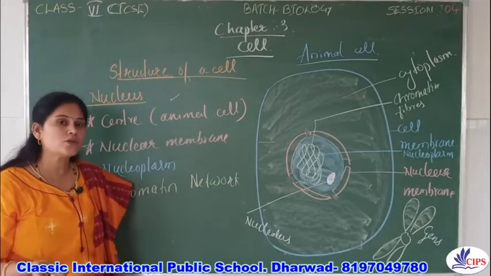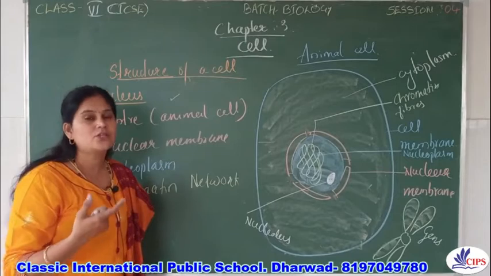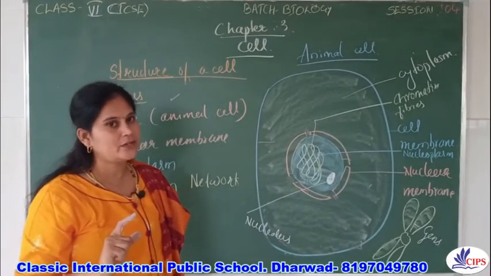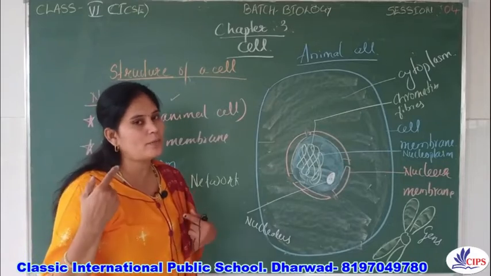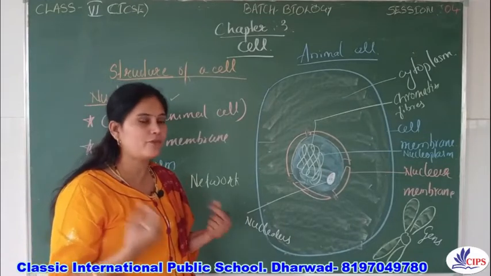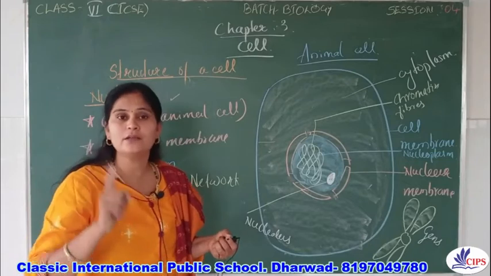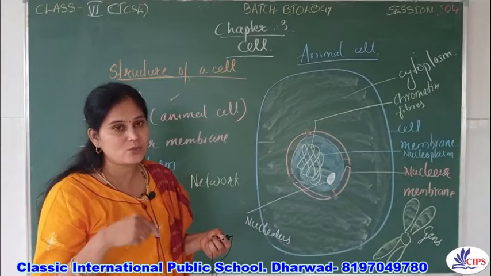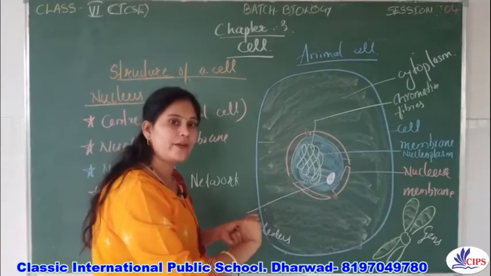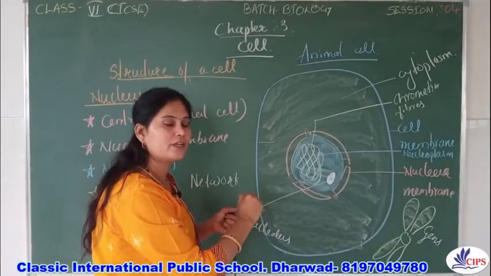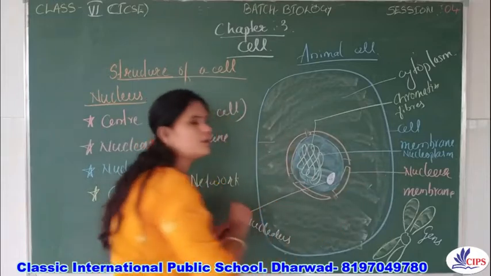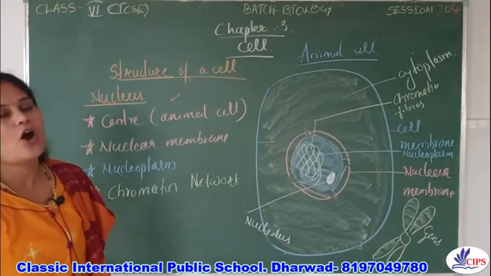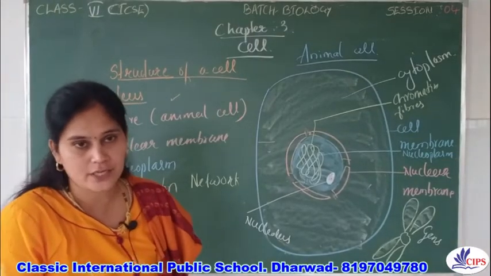Yes, because all the commands to execute will be given by the brain, right? All our activities are controlled by the brain. We will perform any activity when the brain gives the commands to us. In the same way, the nucleus controls and coordinates all the activities. That's why it is called the brain of the cell or the headquarter of the cell.